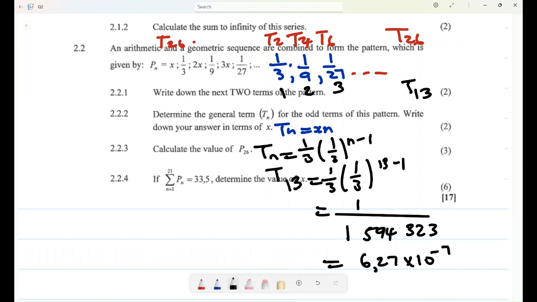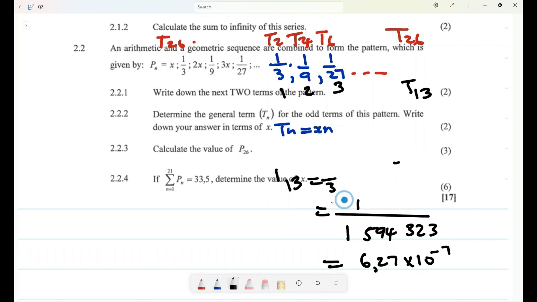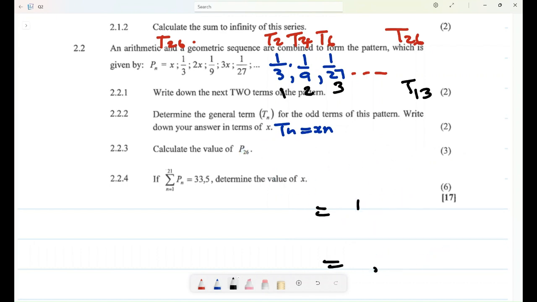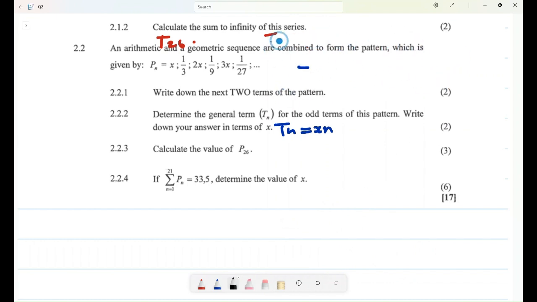Or you can apply laws of exponents and say it is 3 to the power of negative 13. So please use those answers. Sorry so much about that. I hope I did not disturb you, because I know sometimes when a person makes mistakes and comes back, you become lost.